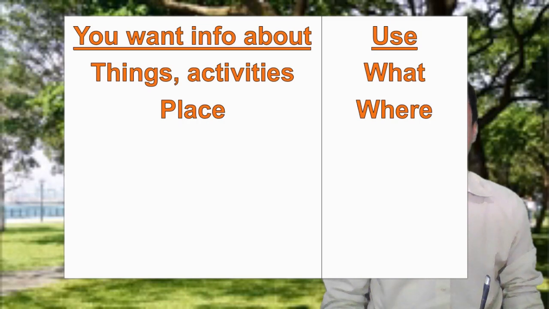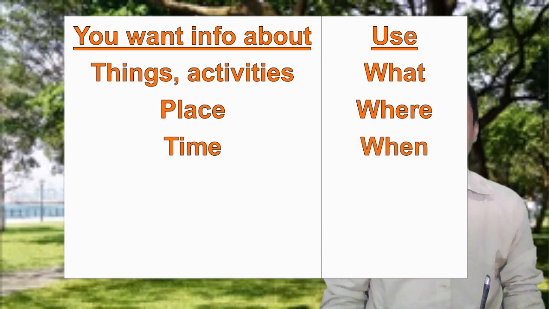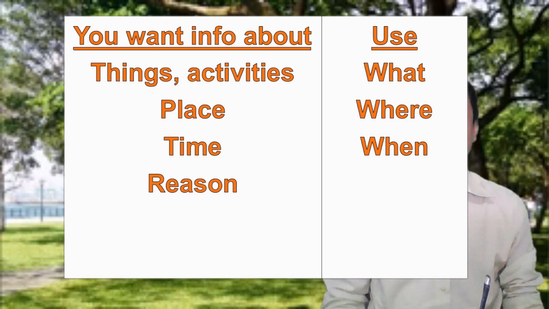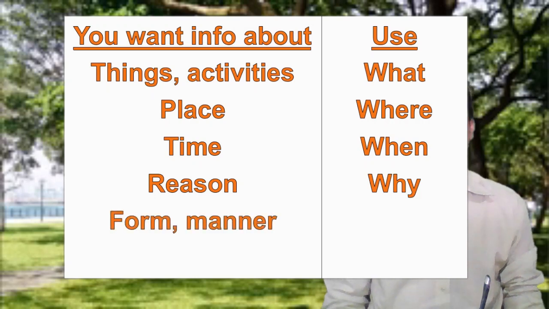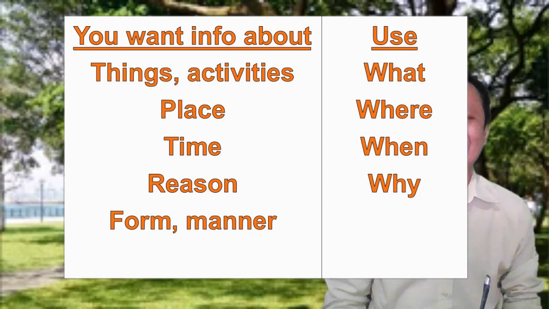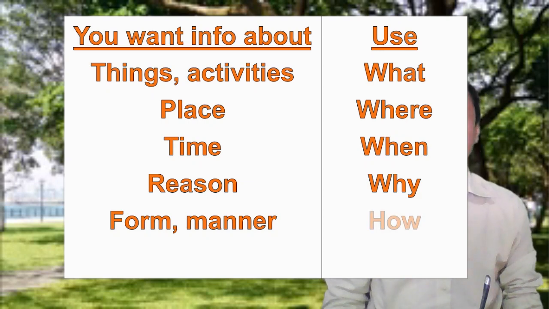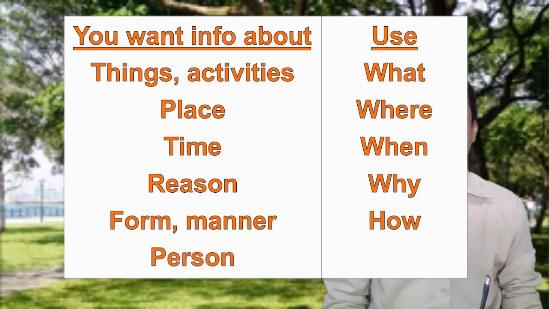When you want information about time, we use when. For information about reason, the reason for doing an activity, we use why. If you want information about form or manner, you use how. And if you want to know about people, the person, we use who.